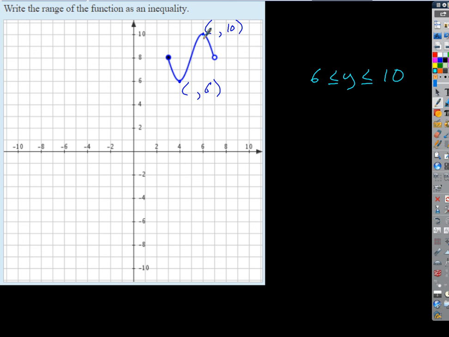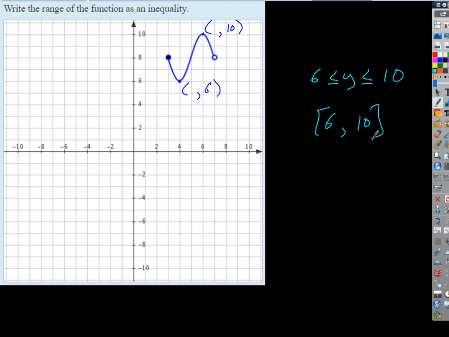When the ant stands on that point, it's got a y value of 10, but that's the highest point it can stand on. To the left of that, it's lower than 10. To the right of that, it's lower than 10. But 10 is included, and so we have to have those equal signs there. If I were to write this with interval notation, how would I write that? Yeah, I'd have to have brackets on both sides.